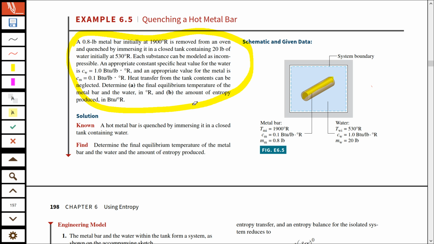you will come to know that this metal bar is initially at a temperature of 1900 degree Rankine, and M is for metal and I is for initial. So this is the initial state of this metal.